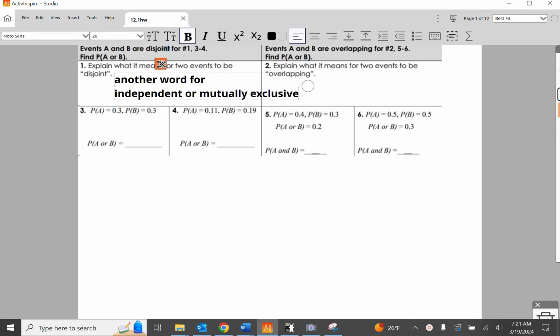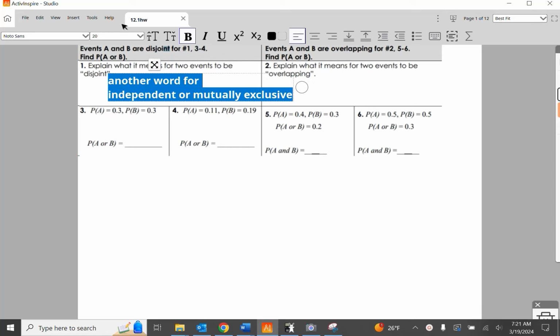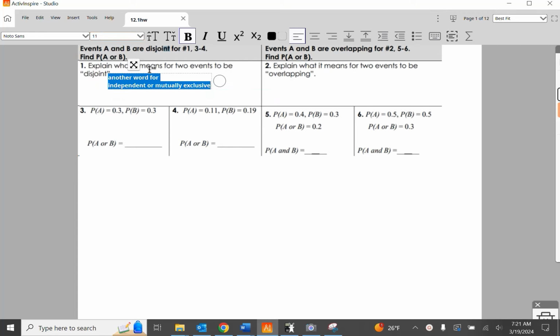And if two events are mutually exclusive, then the probability of A or B is simply the probability of A plus the probability of B. It's not too hard.